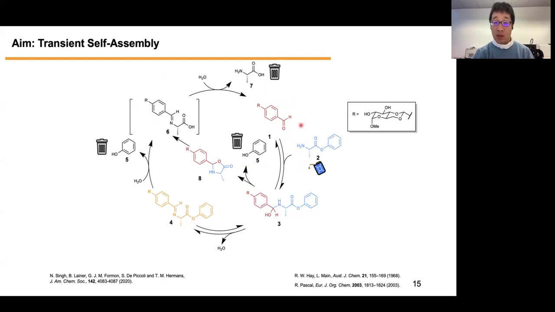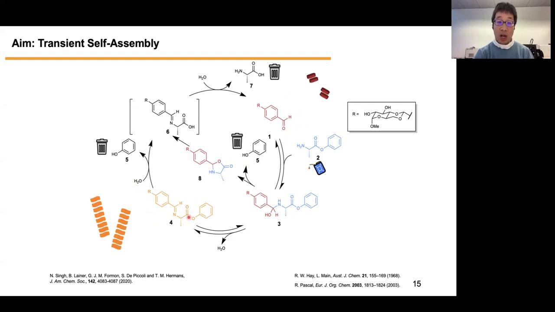And what we imagined was if different states in the catalytic cycle have different propensity to self-assemble, then we can control the assembly state by simply adding the fuel in a transient way. So if you start from this red state, which has low propensity to self-assemble, and you add the fuel, then this state is converted into this orange state.